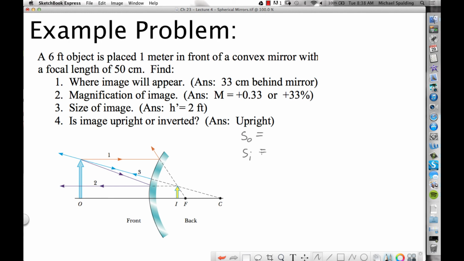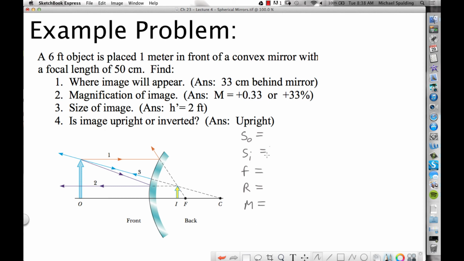Object distance, image distance, what else? Focal length. You're not going to use radius of curvature, but let's just put it in here. I want you to know it, because that could be like an easy multiple choice question. If they give you the focal length, the radius of curvature is just double whatever the focal length is.